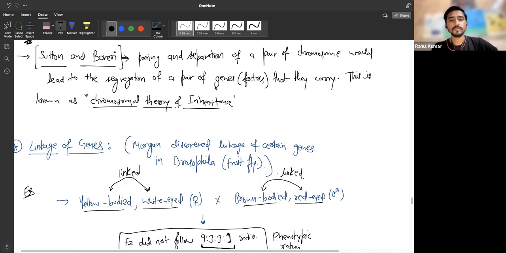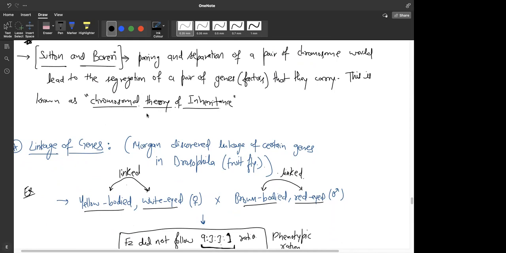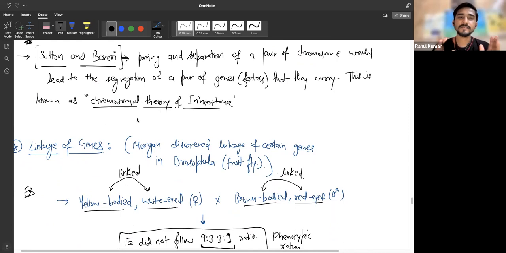Okay. And what was the chromosomal theory of inheritance? What did the theory say? Sir, I don't know. I'm not prepared. So it says that, just like Mendel says, there are factors, or we call them alleles, which pair or separate.